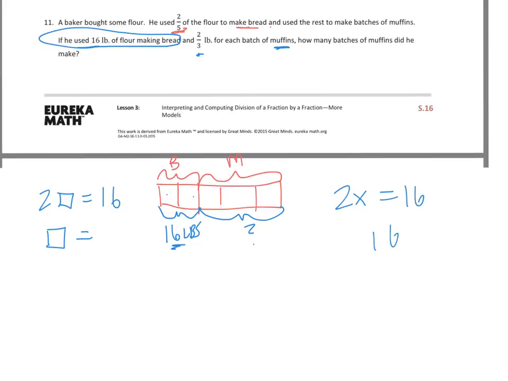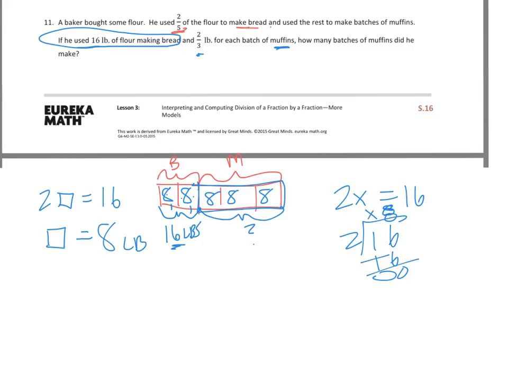So I know if I take 16 and divide it by 2, I'm going to get 1 box, which is worth 8 pounds. So 8 plus 8 gets me 16. So if these 2 boxes are worth 8, the rest are worth 8. So how much are these 3 worth? 3 times 8, which is 24 pounds.